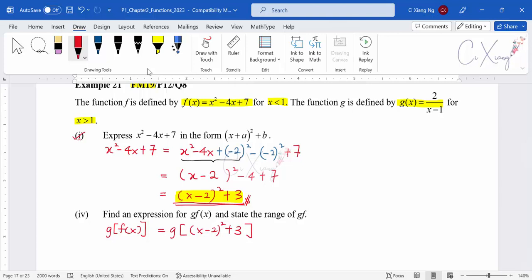After that, I put this into the function g. So this is my function g, and I want to replace this x with this whole thing, (x minus 2) squared plus 3.